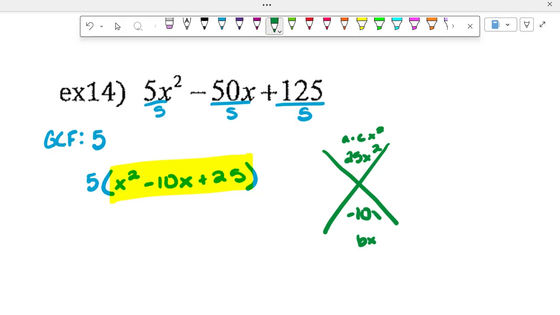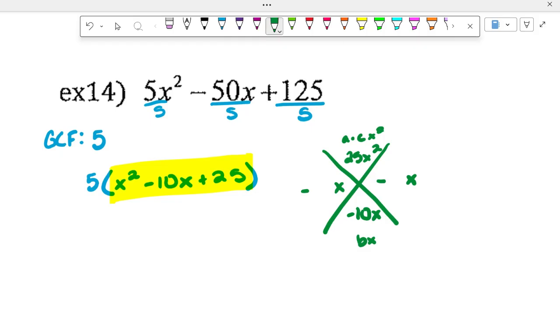Bx, that's negative 10x. So we have 2 x's over here. If I'm multiplying to a positive but adding to a negative, that means my signs of my factors should be what? Nope. They should both be negative. It's when you're multiplying to a negative that they're different. But if we're multiplying to a positive but adding to a negative, they're both negative.